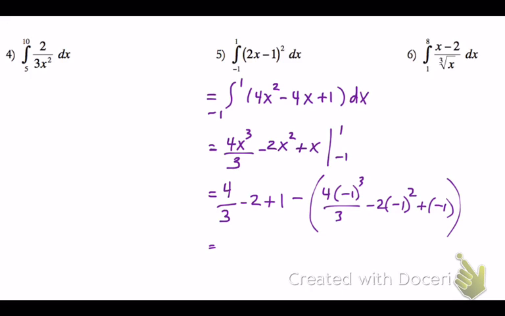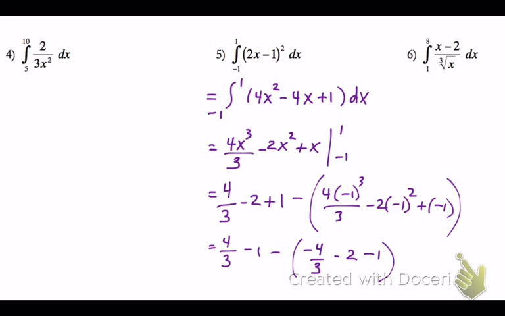From here, it's just simplification, making sure you don't make errors in adding or subtracting, but hopefully it's not too hard. I like to add my fractions last just so I can keep track of everything. So I have 4/3 minus 1 minus, let's see what's inside these parentheses. -1 cubed is a negative again, so that's -4/3. -1 squared is a positive, so that's -2, and then -1.